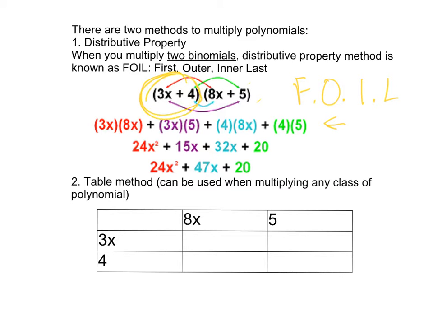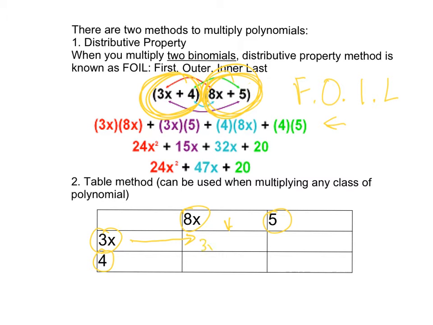So our first binomial is 3x plus 4. So 3x and 4 are here. Then our second binomial, 8x and 5. Usually I put my first ones on top, so you'll see that mine are flip-flopped. And then you multiply row times column.